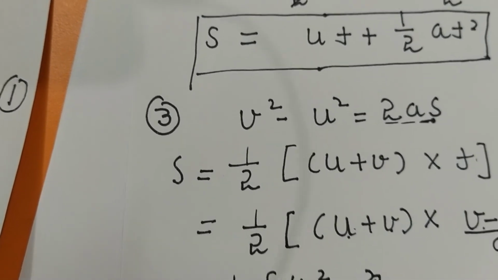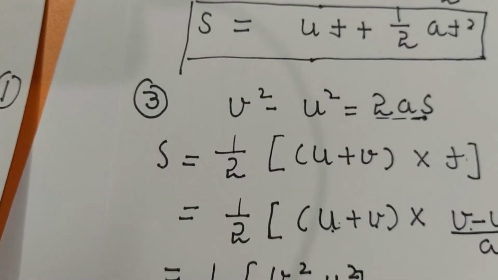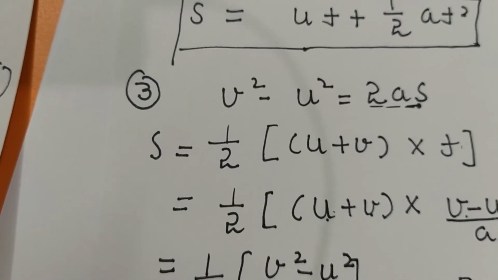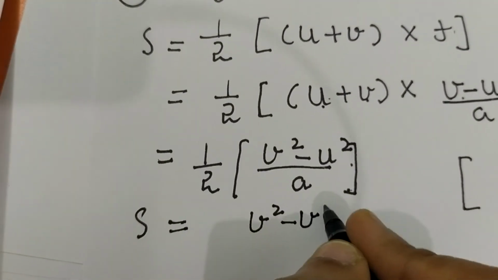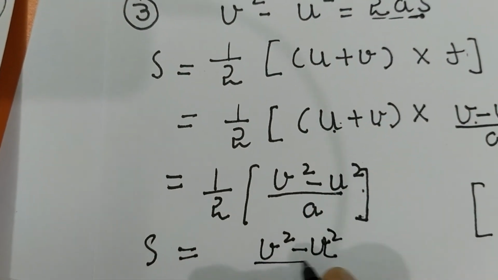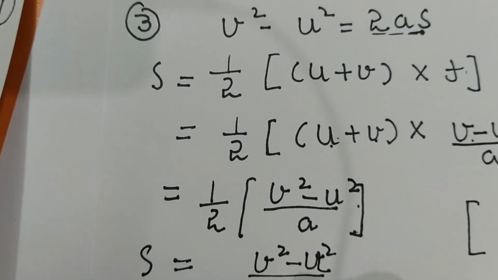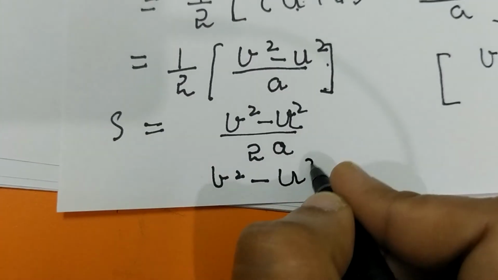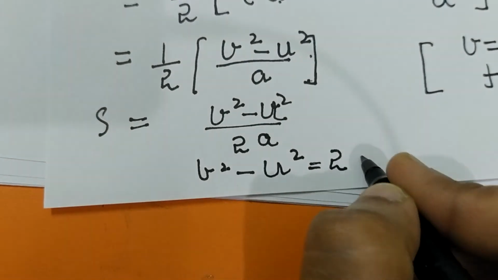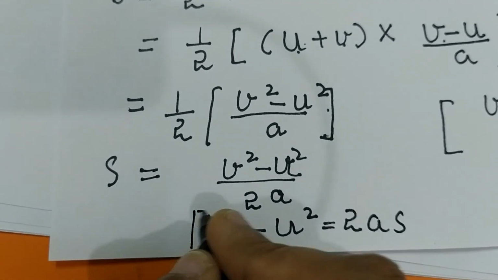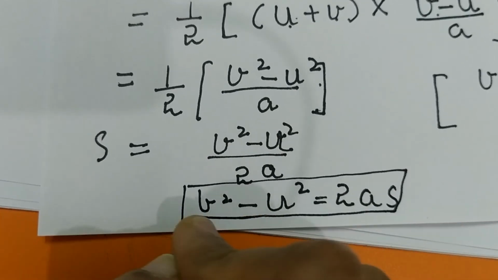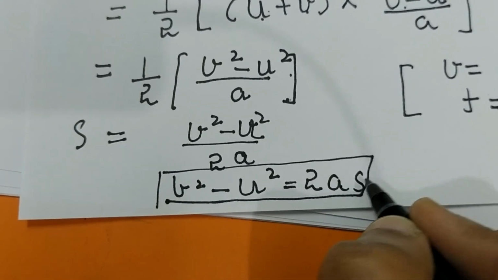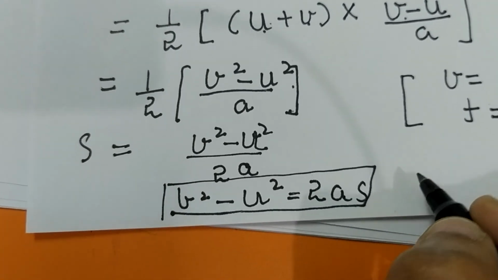So s is equal to (v square minus u square) upon 2a. v square minus u square is equal to 2as.